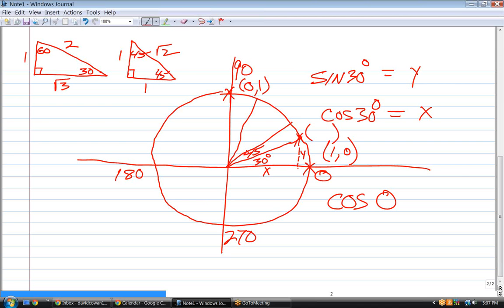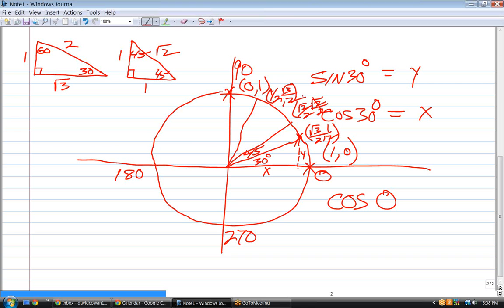Root 3 over 2 and 1 over 2. And the coordinates of the 45-degree angle? Root 2 over 2 and root 2 over 2. The 60-degree angle? 1 over 2 and root 3 over 2.